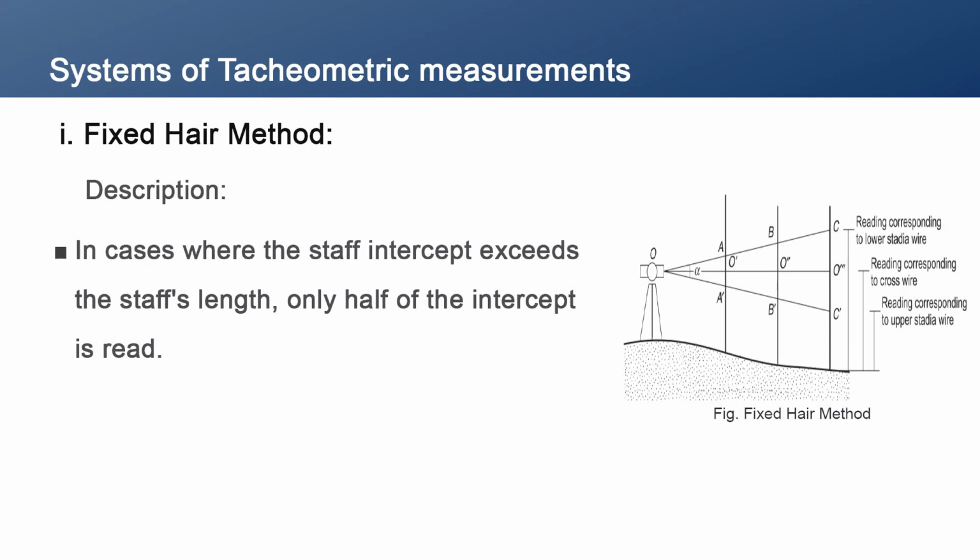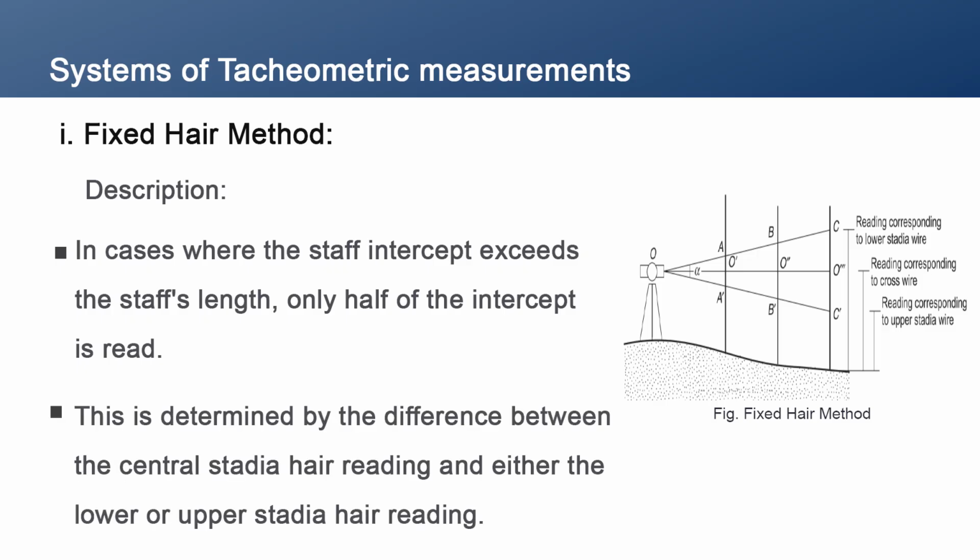In cases where the staff intercept exceeds the staff length, only half of the intercept is read. This is determined by the difference between the central stadia hair reading and either the lower or upper stadia hair reading, ensuring accurate measurement even with the larger intercepts.